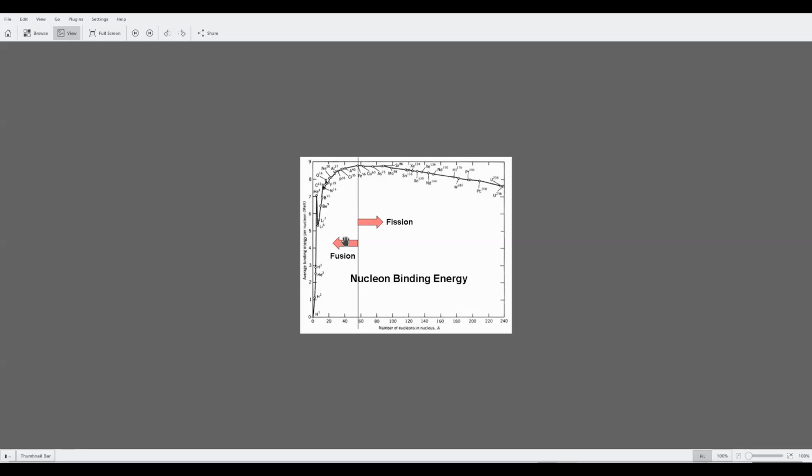If you divide the binding energy by the number of nucleons, the result is that I have this shape that increases on one side and decreases on the other side. The decreasing part on the right is due to the Coulomb repulsion.